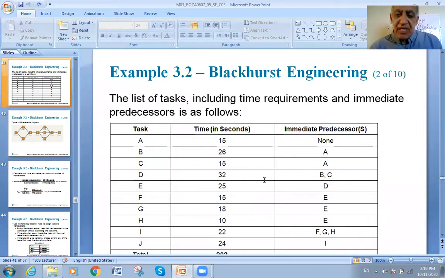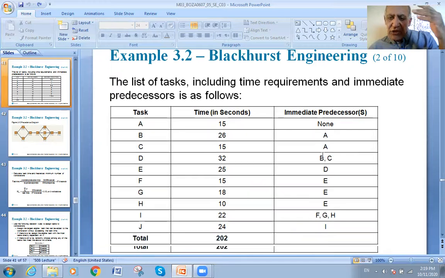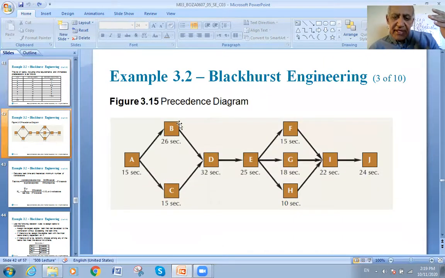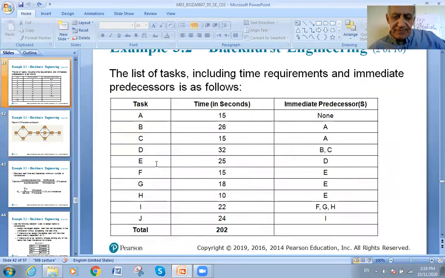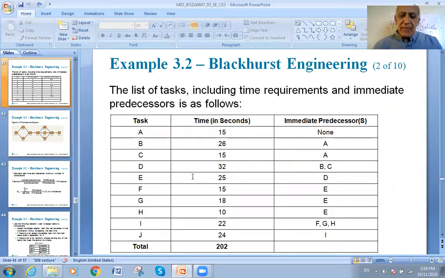Look at this. Here B, 26 seconds. The immediate one before it exactly is A. So A is here before B. So I draw B 26 seconds. Then I put A 15 seconds. Okay. Then C is 15 seconds.